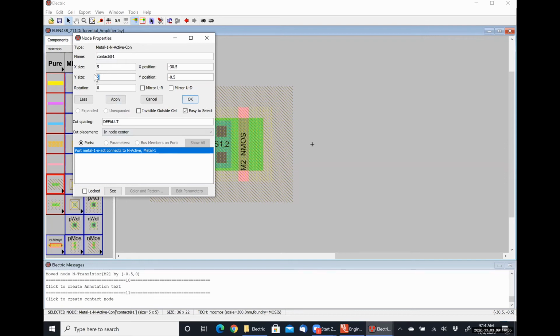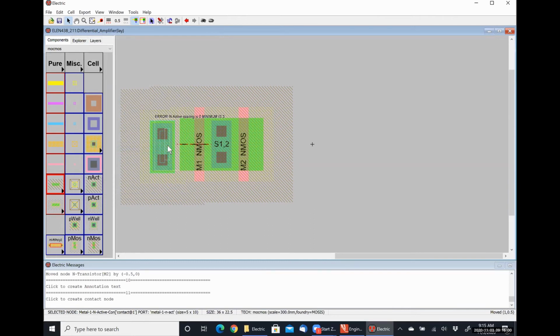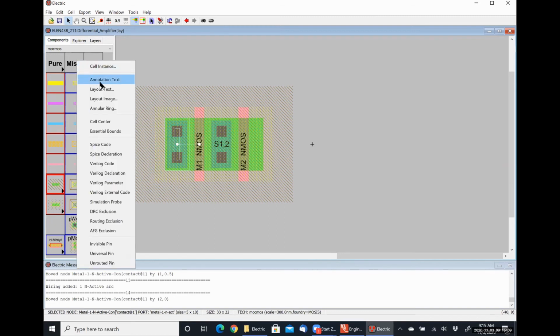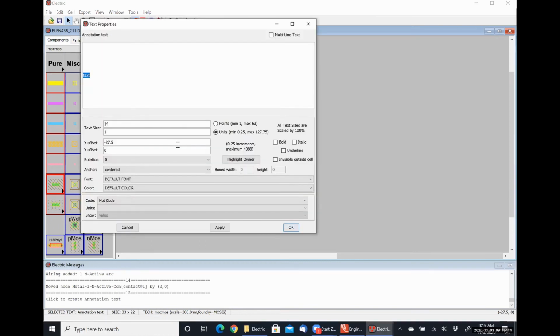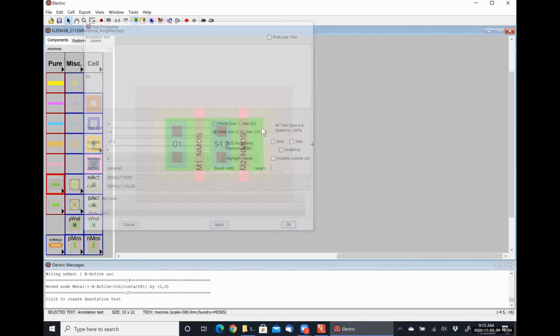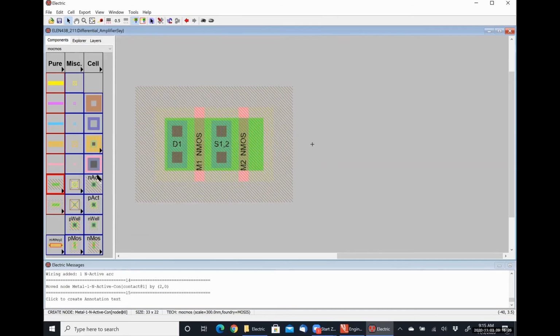Making my drain for transistor M1. And now I'm going to make the drain for transistor M2.